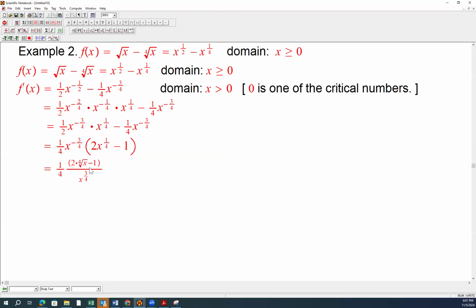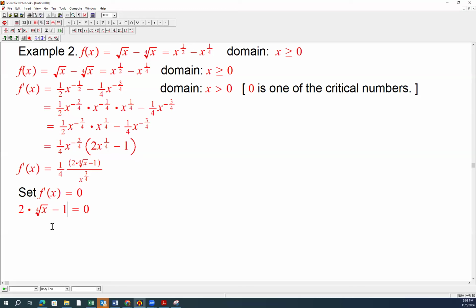We'll have another critical number coming up by setting the first order derivative equal to 0. Right, so we're going to set the first order derivative equal to 0, and then the numerator has to be 0. The denominator cannot be 0 for sure. Okay, so how do we solve this equation?